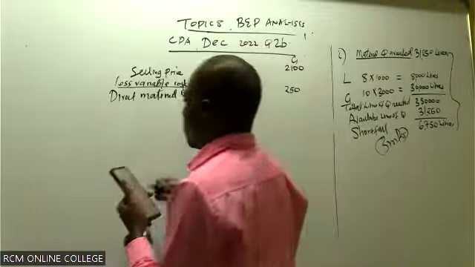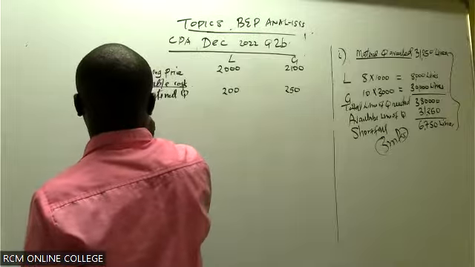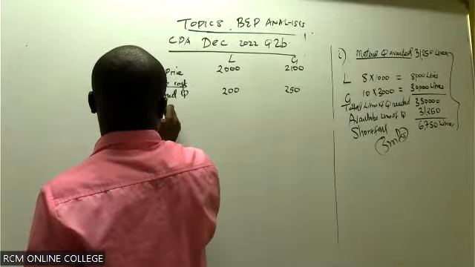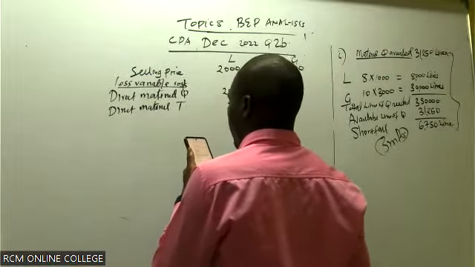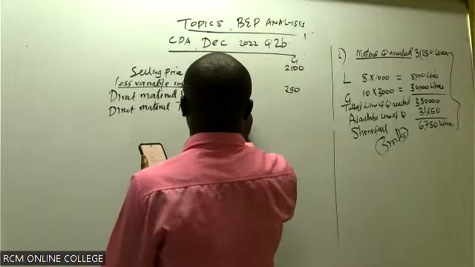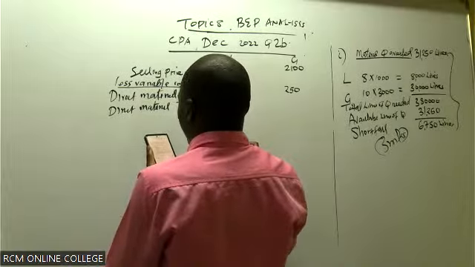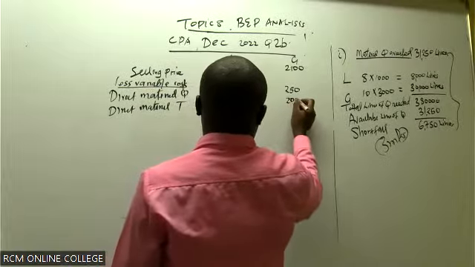Then we have material T. For them to produce 1 unit of L, they're going to spend 200.